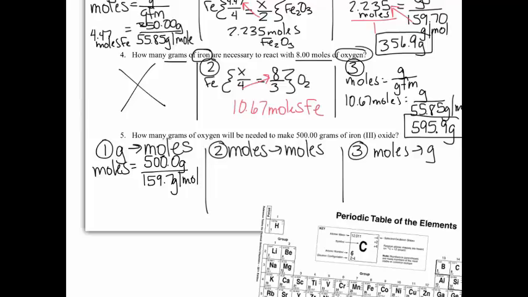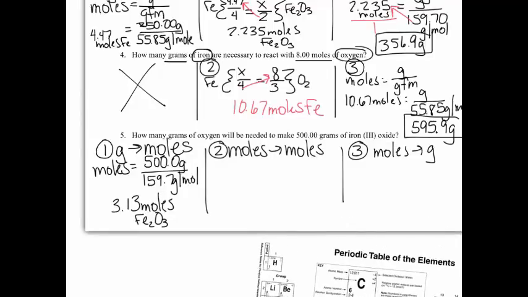And this is going to give us our moles of iron oxide, which works out to be 3.13 moles. And I'm going to label that with the formula so I don't forget what I just figured out.